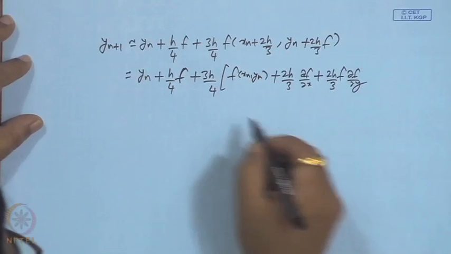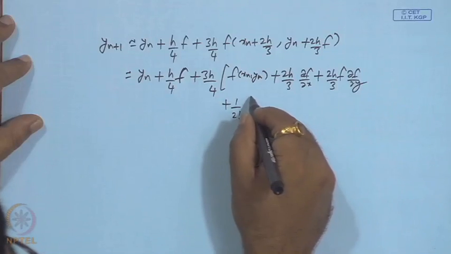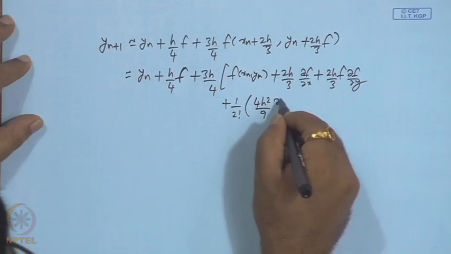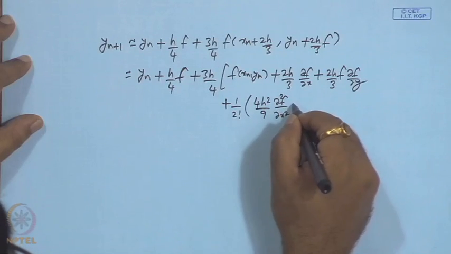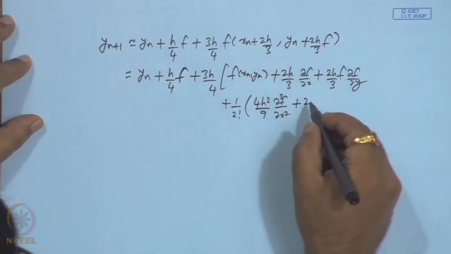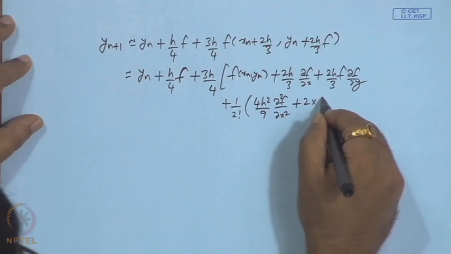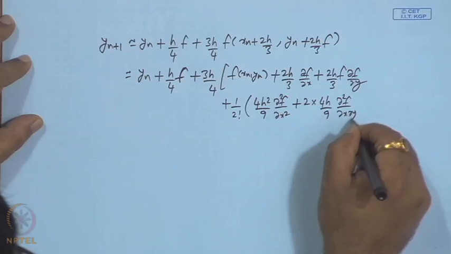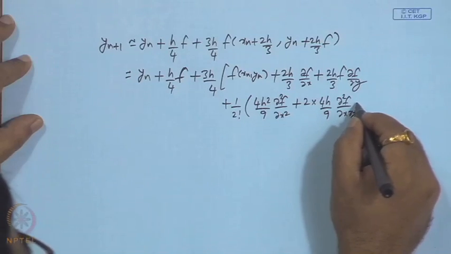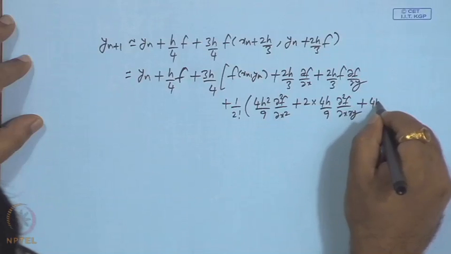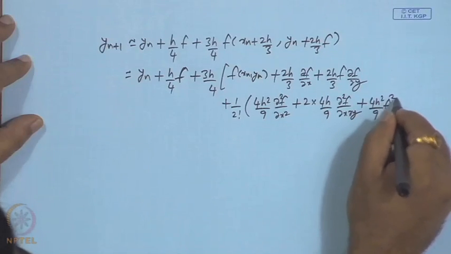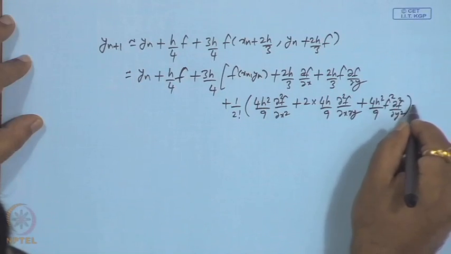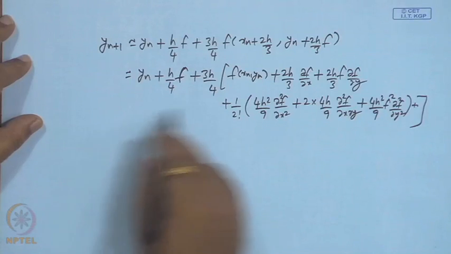So, these are the first order terms, plus second order terms, square of that, so 2 times, plus, okay. So, this is our expansion.